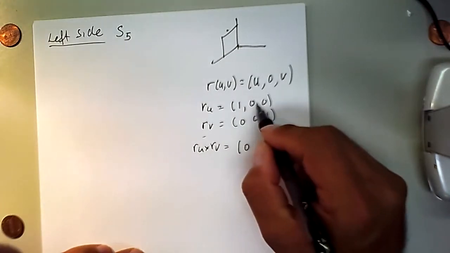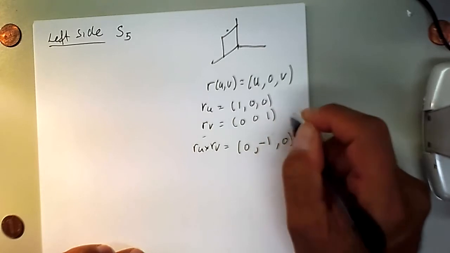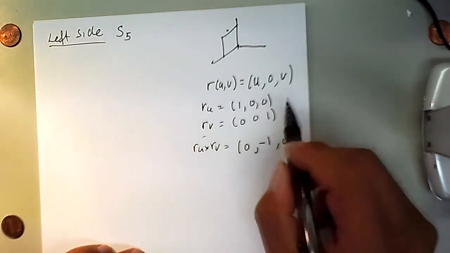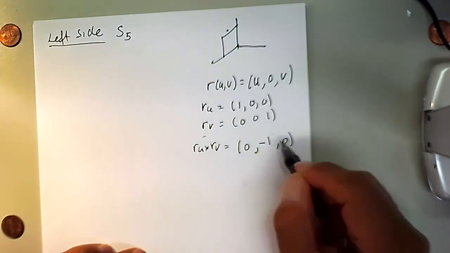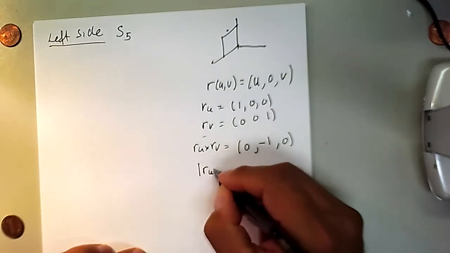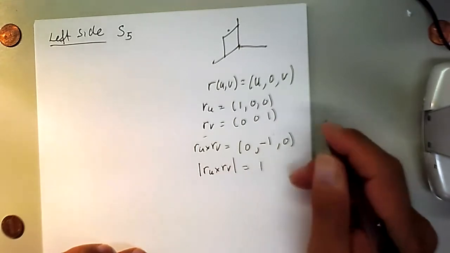This is I cross product with K. Anyway, so this is negative J, but we don't care whether that's negative or positive because we want the magnitude. And that's going to be 1.